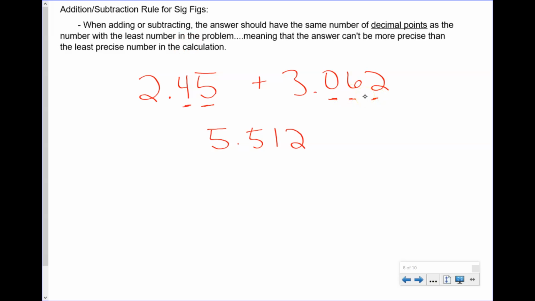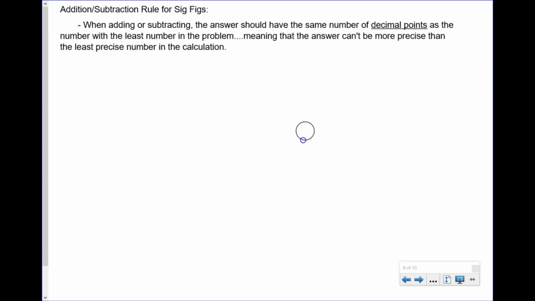So that means that 2.45 is the least precise number in that calculation, so my answer cannot be more precise than that one. So my answer also has to have 2 decimal places. So I just use my rounding rules and look to the right, and that becomes 5.51. Okay. So pretty straightforward rule. It's just new. It's not difficult.